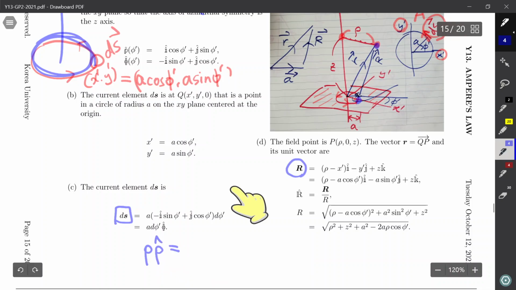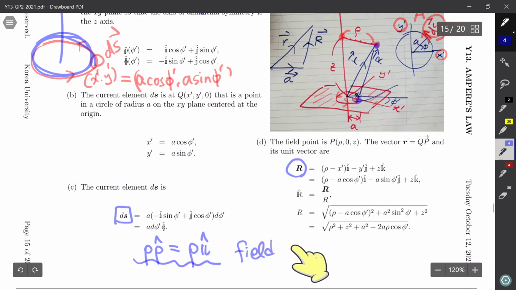For simplicity, we have chosen it as a rho i hat only. And the field point is plus z k hat. This is the field point.